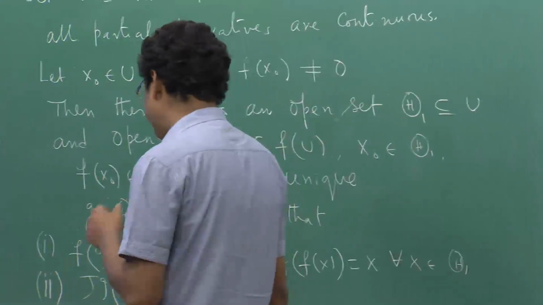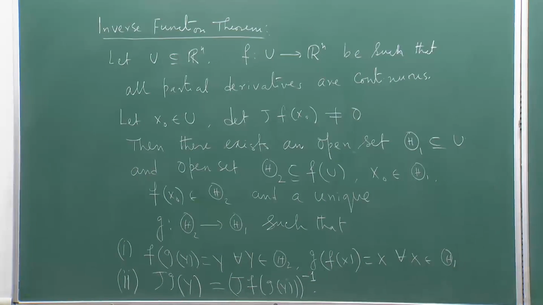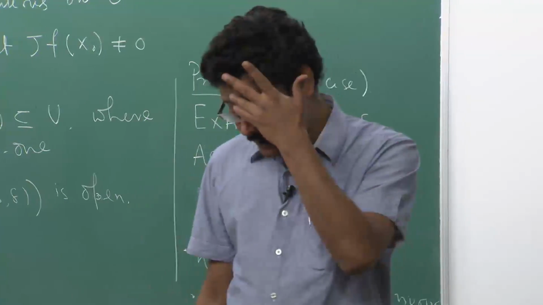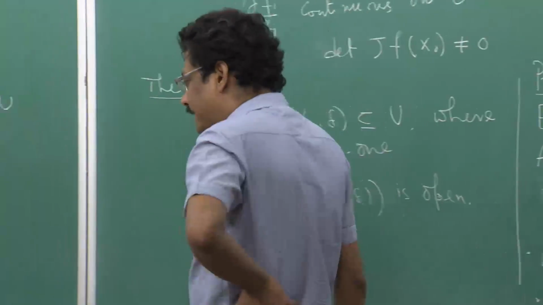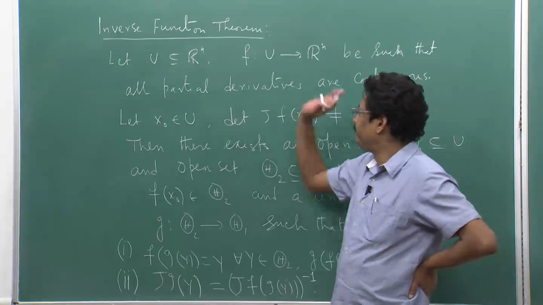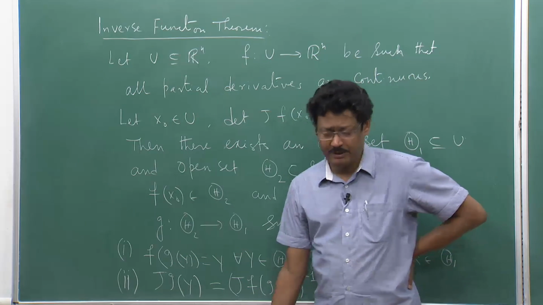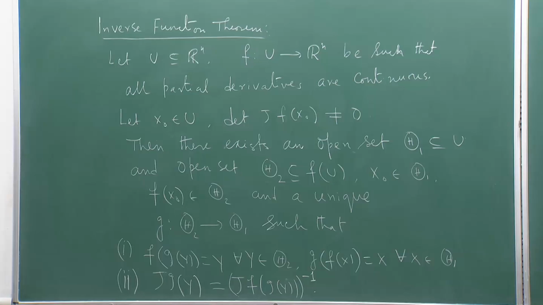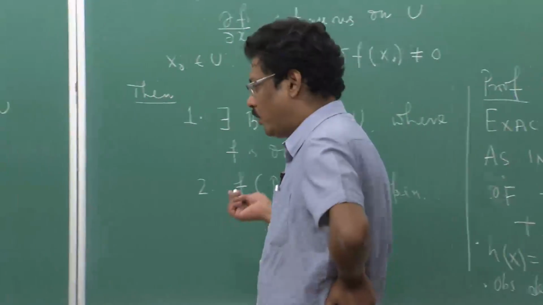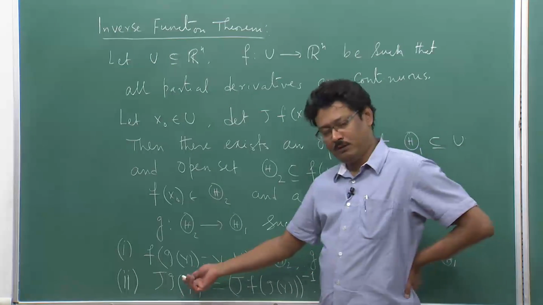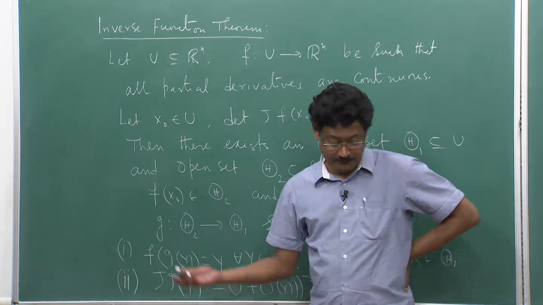Okay, I will prove this, and the proof will use, as I said before, the implicit function theorem. As the name suggests, if I give you an f, actually getting that g may not be easy, or may not even be possible for some f.